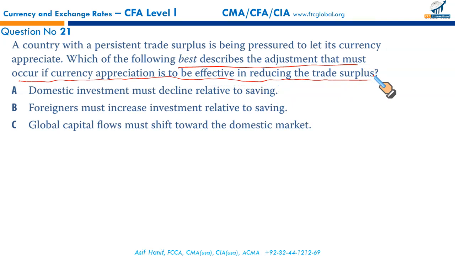Well, the trade surplus cannot decline unless the capital account deficit also declines. So what should happen? The foreigners must buy more assets, right? Which means there should be more capital flows that should shift towards the domestic market. So that makes C the correct option.